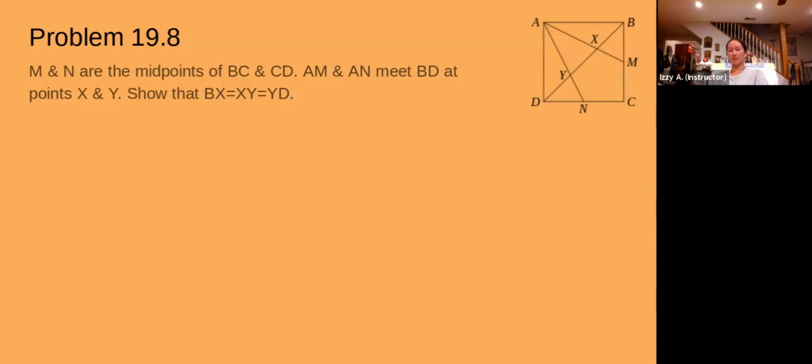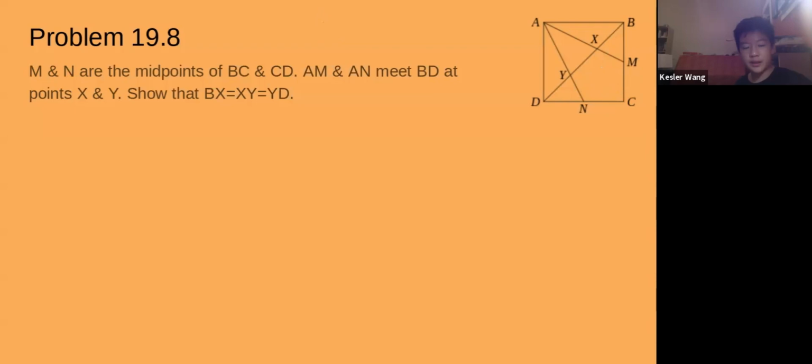I feel like it's pretty straightforward. Even though you're not supposed to make assumptions based off of figures in geometry, you can see that they just look like equal lengths, but you just have to prove that they are. I just feel like, just prove it.